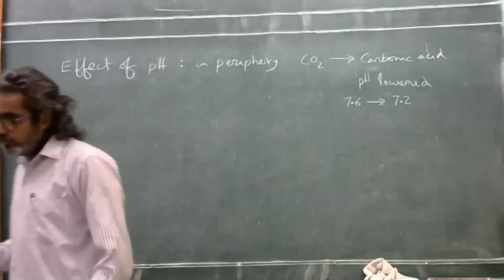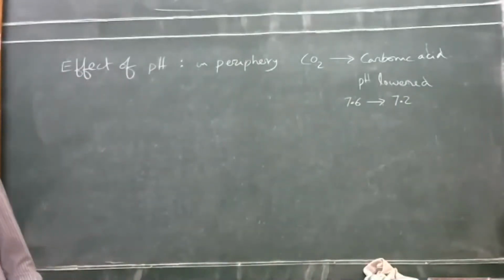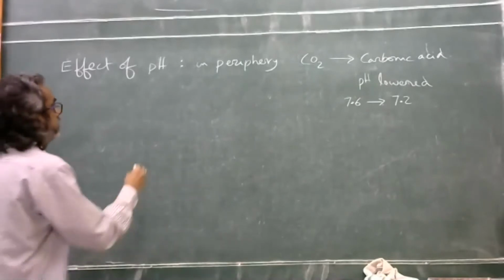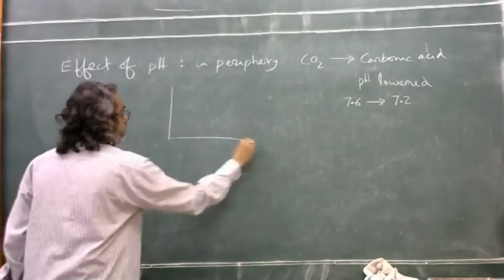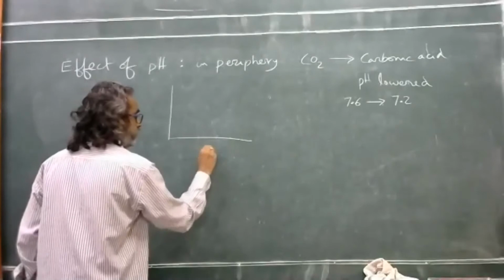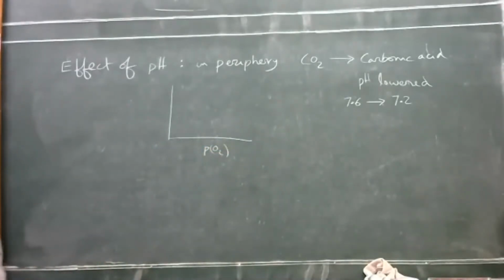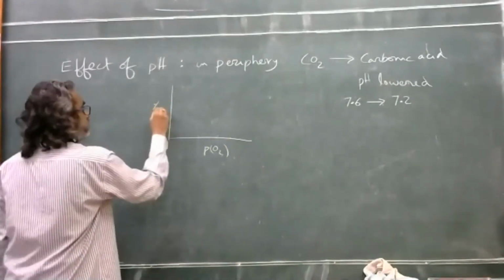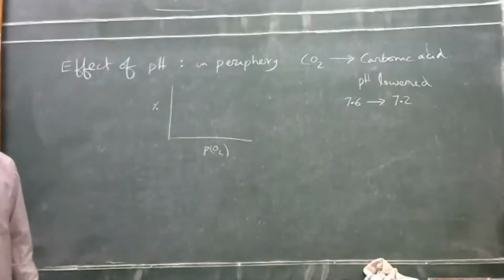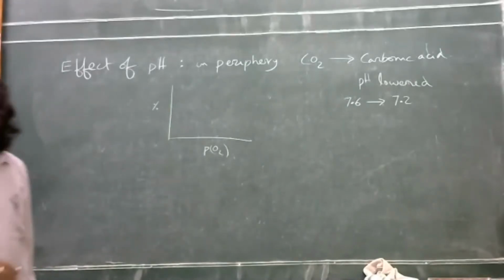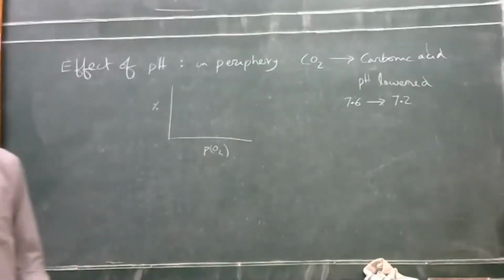Okay, so if you see the curves, the pH effect, again, let's say partial pressure of O2 and then fraction of binding, percentage binding. I'm showing this for hemoglobin, so the curves will be sigmoidal.